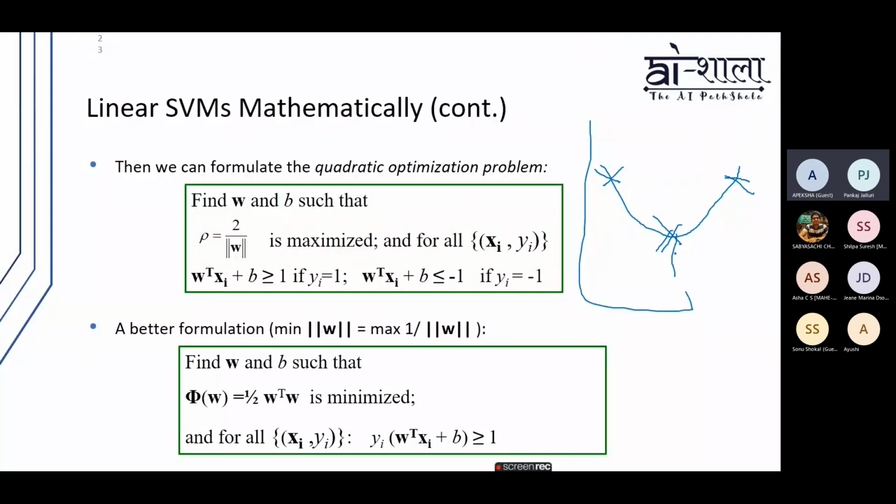So minimizing is easier, right? So we want to convert the maximization problem to a minimization problem. Instead of maximizing 2 by W, I will minimize W by 2. That's what W by 2 is over here. And if I'm minimizing W by 2, I can also minimize W square by 2.